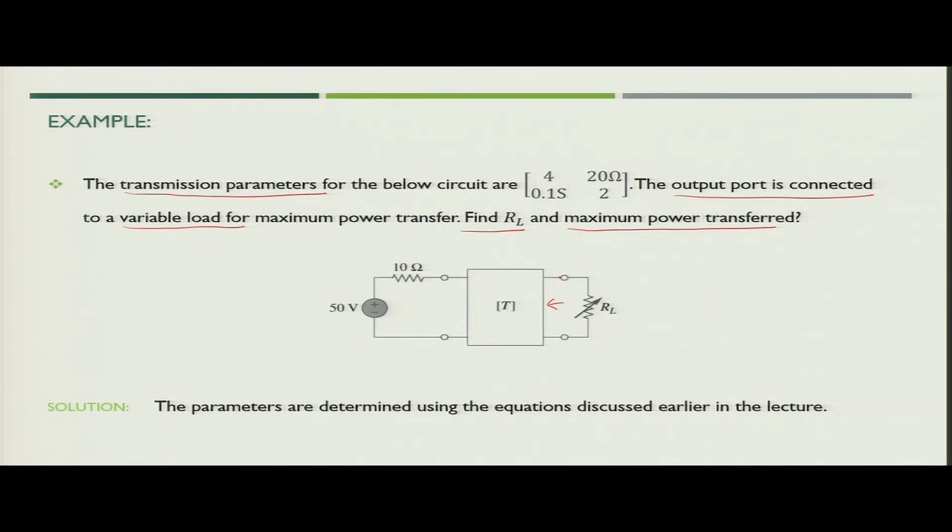So, this particular segment needs to be represented as Thevenin equivalent. So, we will use ABCD parameters and find out the value of VTH and RTH, so that we can find out the value of maximum power to be transferred.